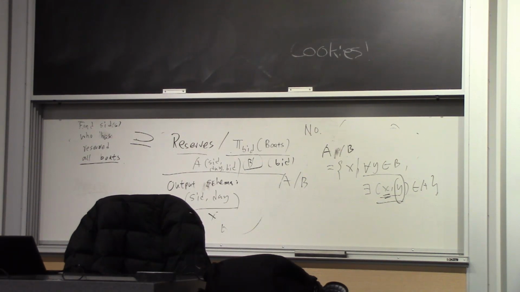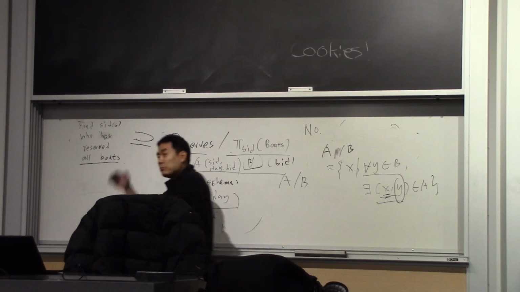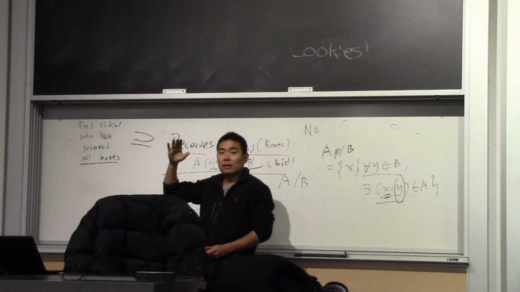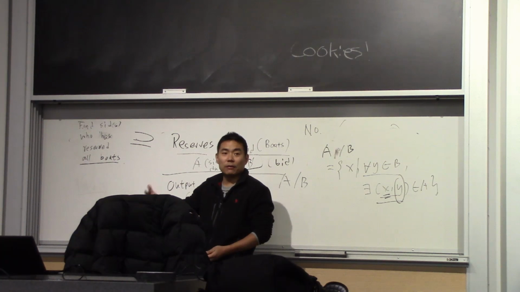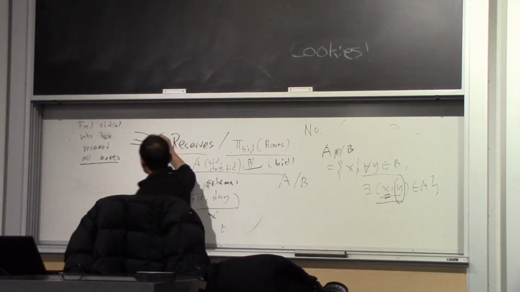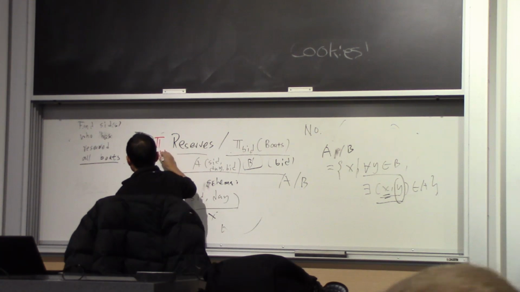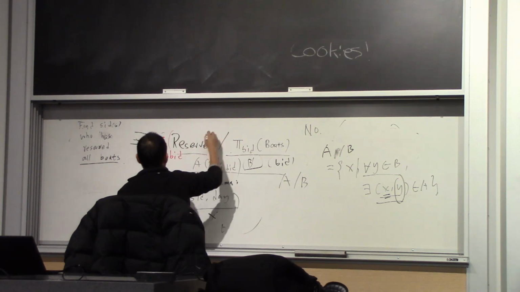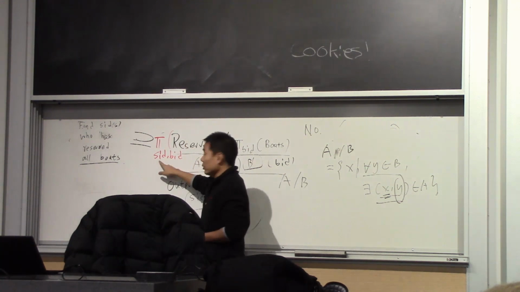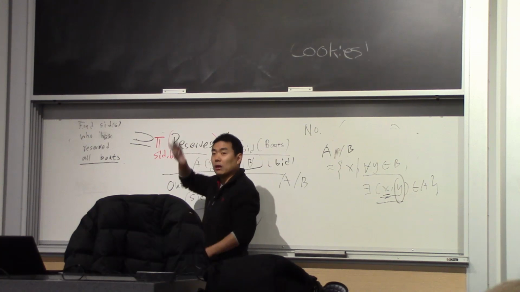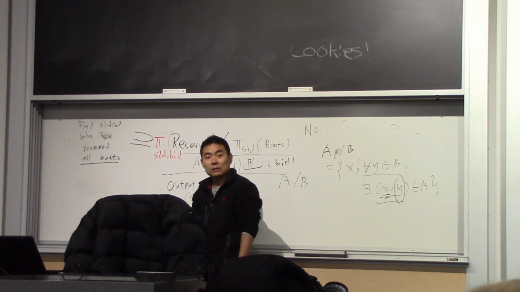So how do you fix this? Get rid of the day column. Get rid of the impact of date, which means you project on sailor ID and boat ID. Now this shows you who reserved which boat, regardless of what date that reservation happened.